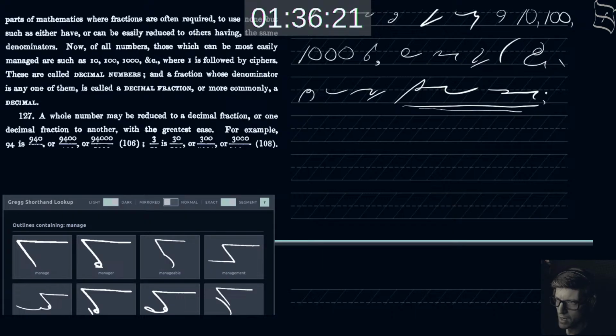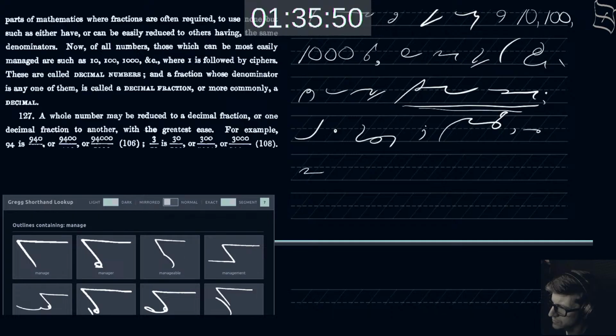And a fraction whose denominator is any one of them is called a decimal fraction.